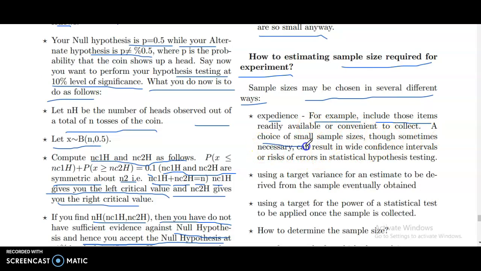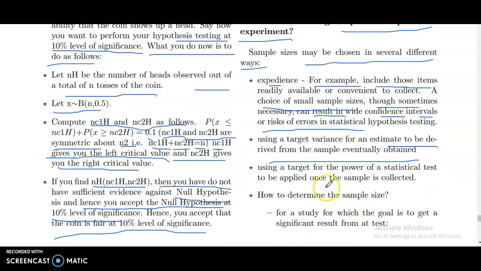A choice of small sample sizes, though sometimes necessary, can result in wide confidence intervals or risk of errors in statistical hypothesis testing. Another way is using a target variance for an estimate to be derived from the sample eventually obtained, or using a target for the power of statistical testing to be applied once the sample is collected.